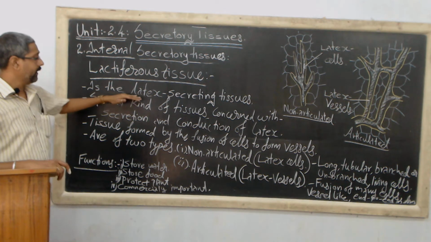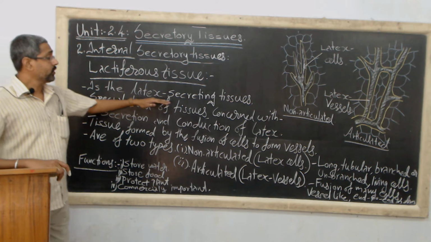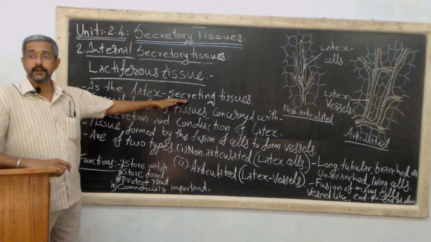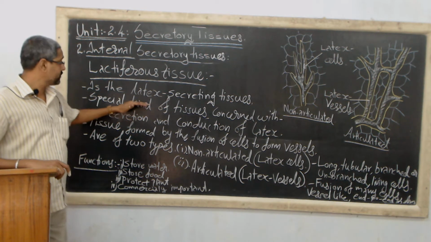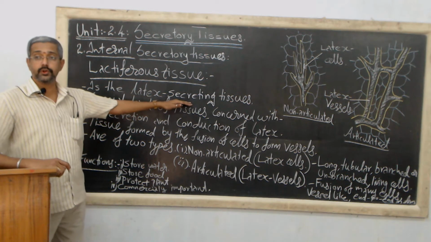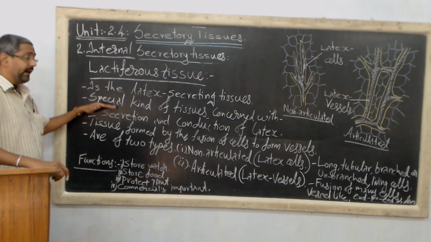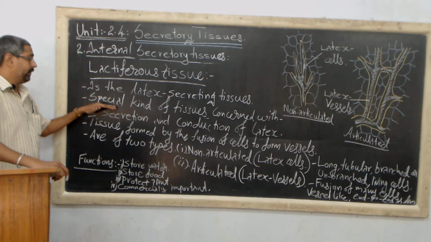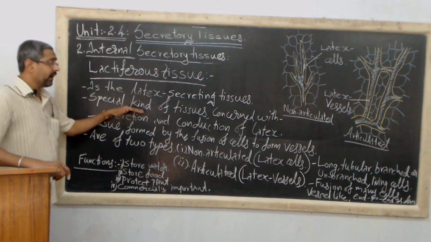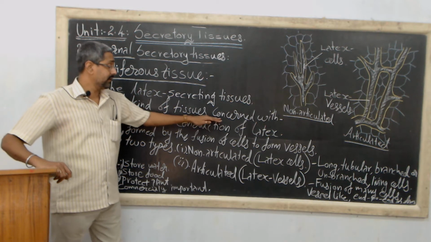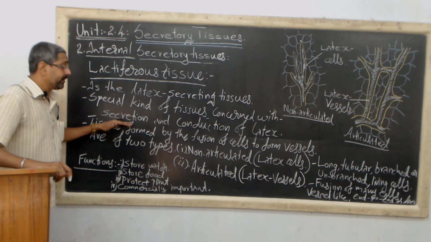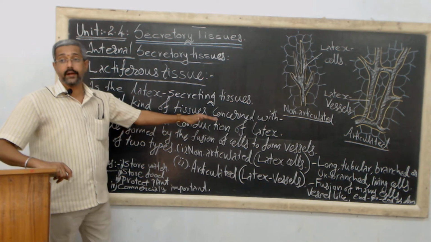It is the latex secreting tissue. What are laticiferous tissues? The latex secreting tissue is called laticiferous tissue. They are specialized structures, special kinds of tissues concerned with segregation and conduction of latex.